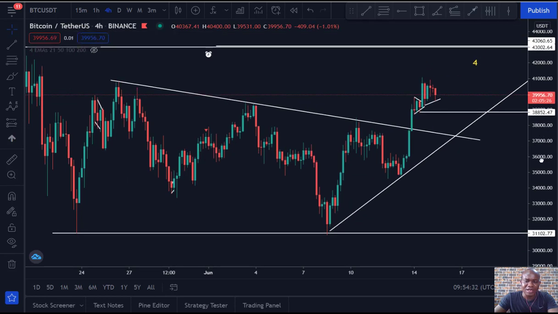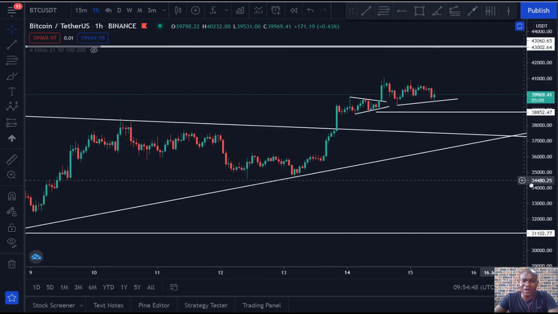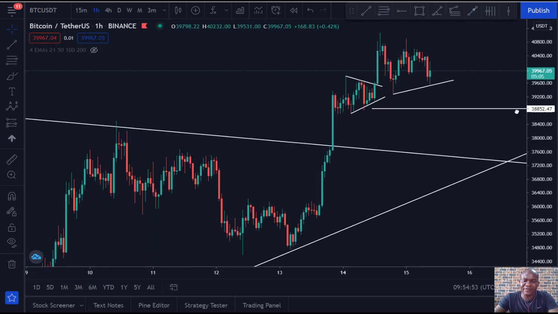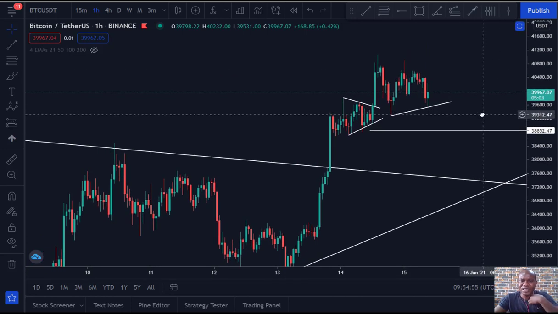But now there will be a correction here that will determine the next wave of Bitcoin. Now it's undecided. Based on what we've seen here, we are waiting for a confirmation to tell us the next direction of Bitcoin. So if you go down to 1 hour, we've seen that the confirmation is still forming, though it's not completed. Looking at it critically, it might be a pullback.